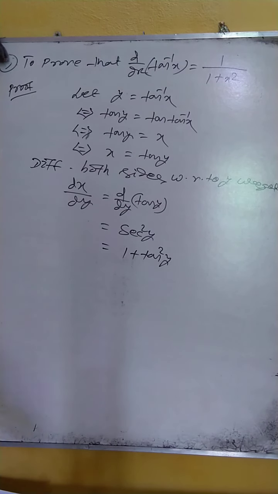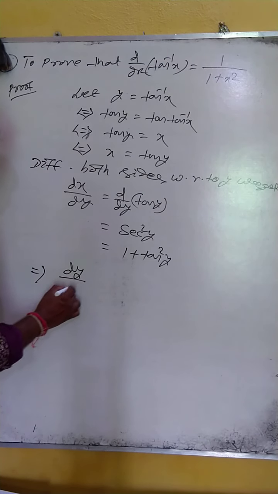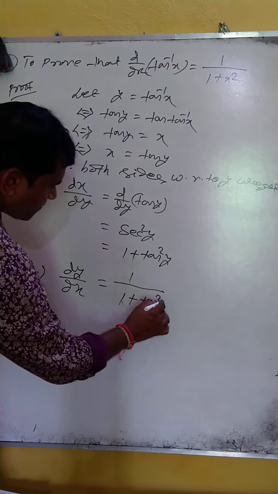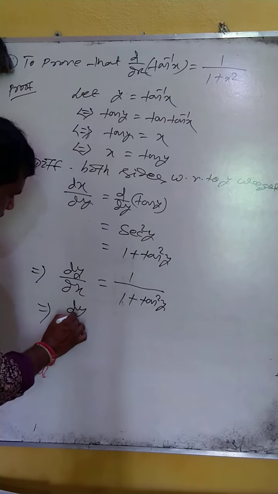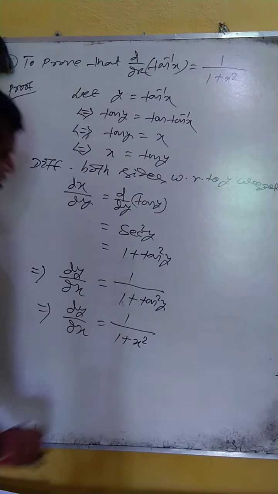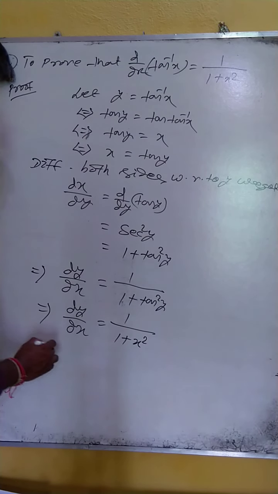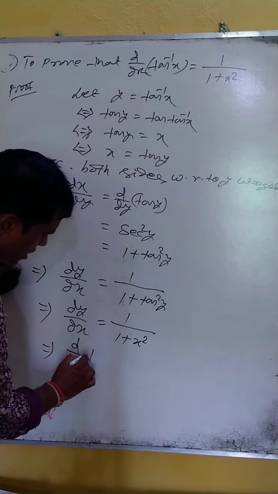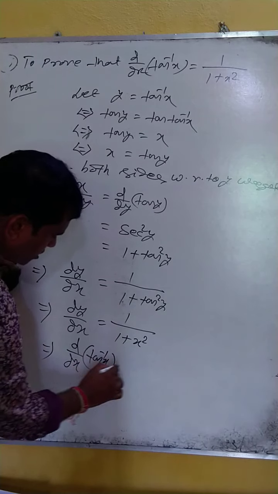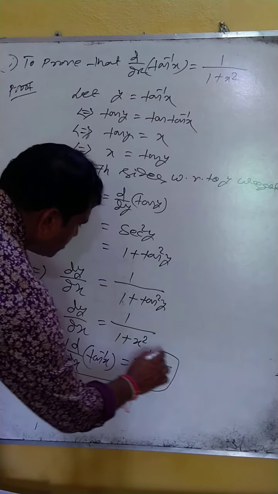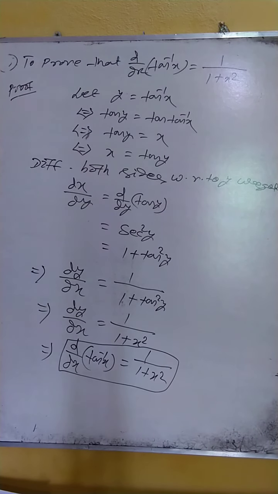That implies dy by dx is equal to 1 by 1 plus tan square y. That implies dy by dx is equal to 1 by 1 plus x square, since x is equal to tan y. That implies d by dx of tan inverse x is equal to 1 by 1 plus x square. This is the derivative of tan inverse x.